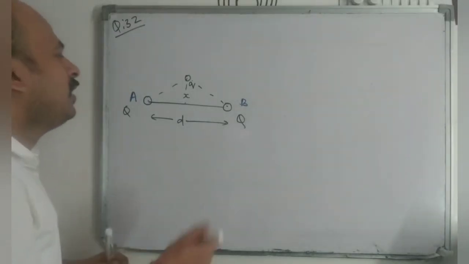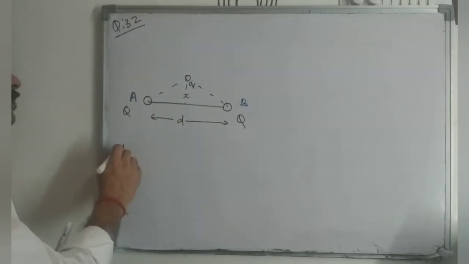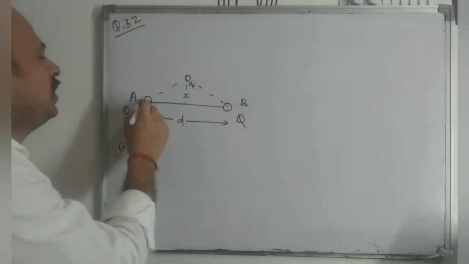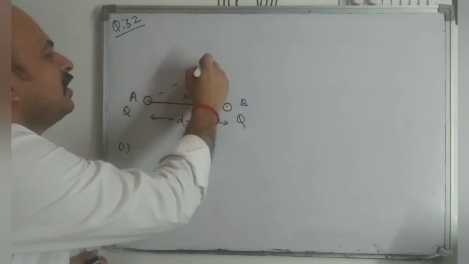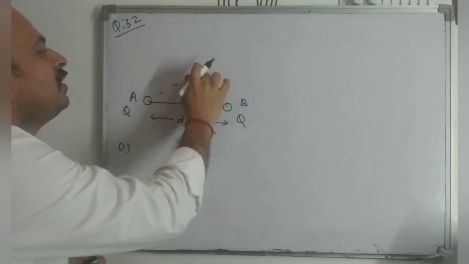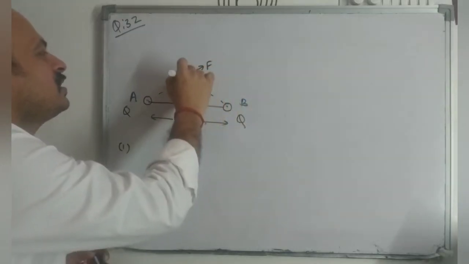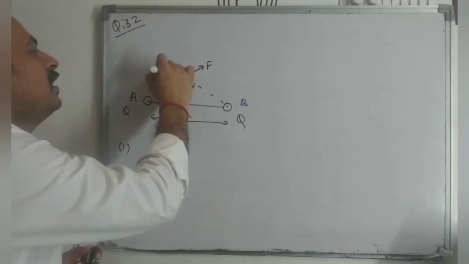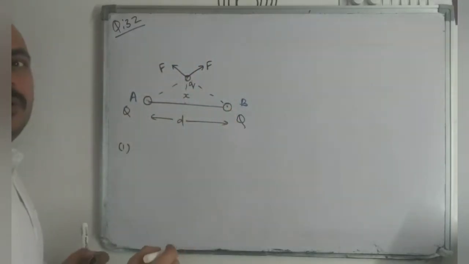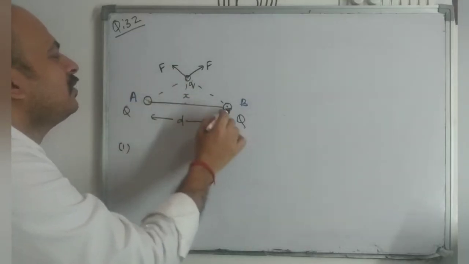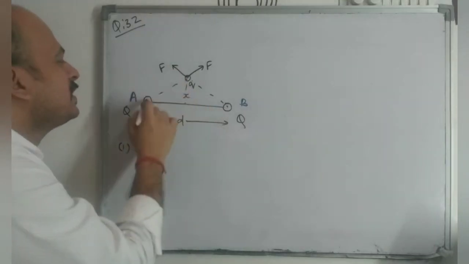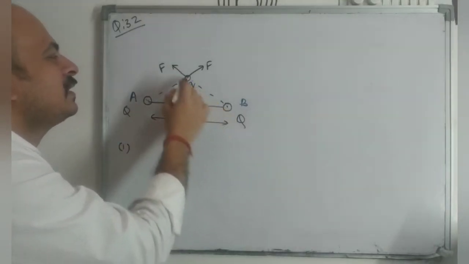So how will you calculate that force? Number 1, due to this charge it is directed away, say F1. Due to this charge it is again directed away, F. Their magnitudes are the same because the charges are the same and the distances are the same. That distance and this distance are the same.